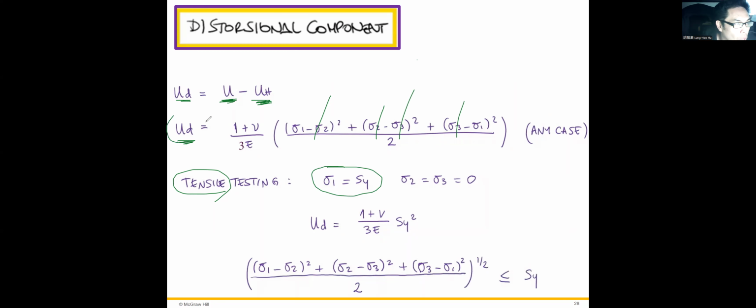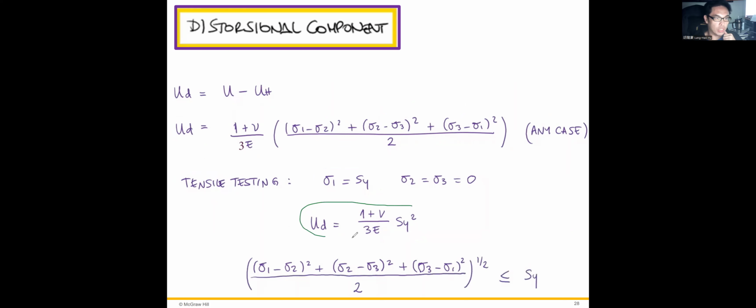The distortional component can be simplified in this term. So we can simplify the distortional component as a function of the Poisson ratio, Young's modulus, and the yielding stress.